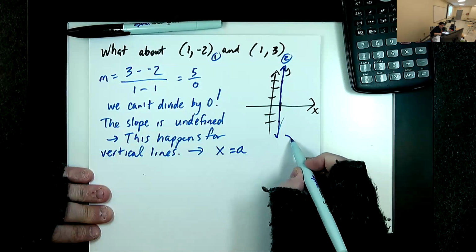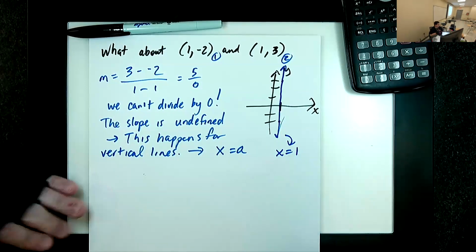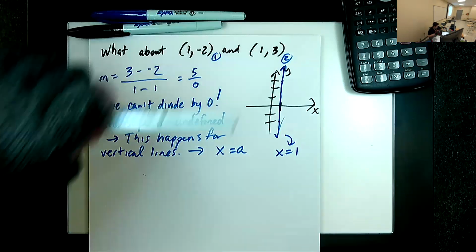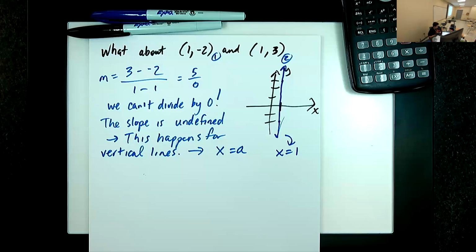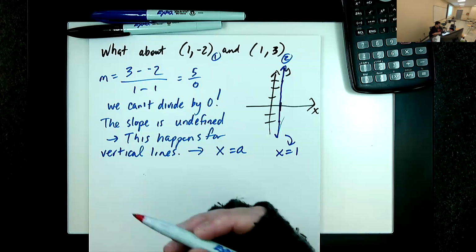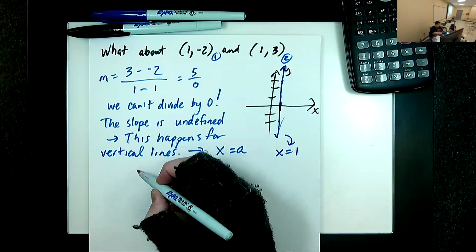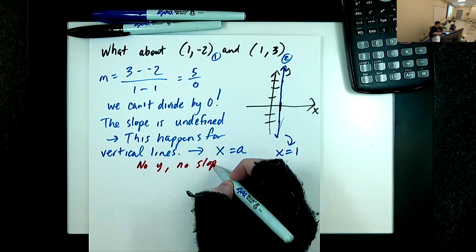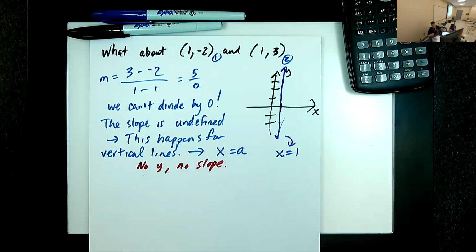This line right here is x equals 1. Now, this isn't like a math thing that they say, but if there's no y, there's no slope. I think that's easy to remember.